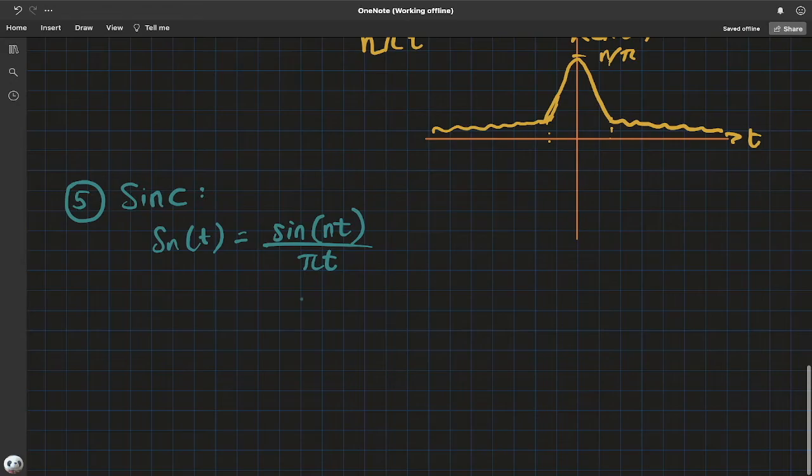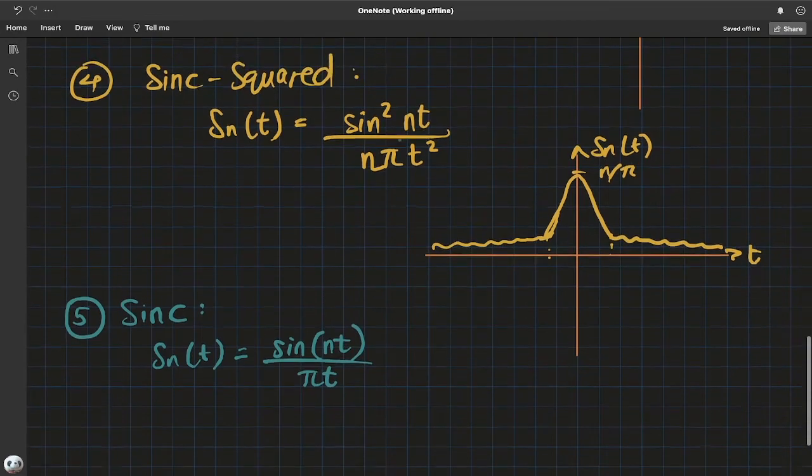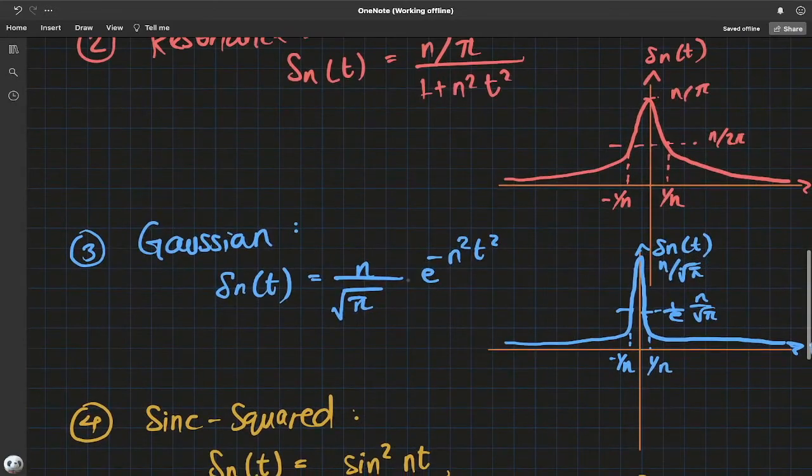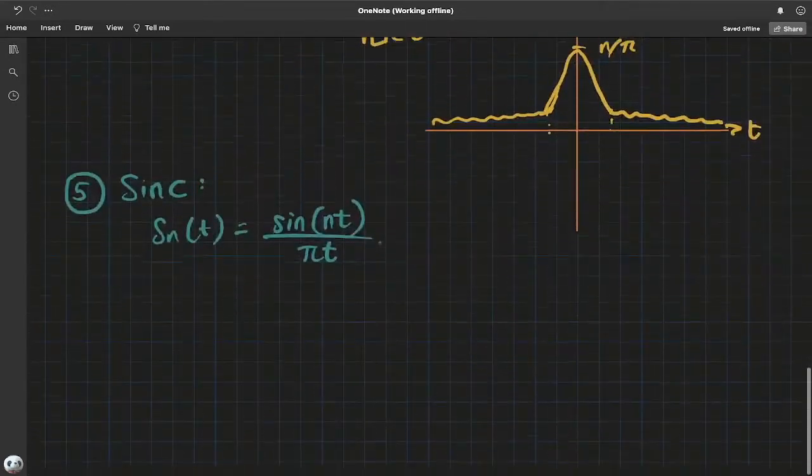I've again made videos on this. It exploits the fact that this guy will be pi irrespective of n. So we just need n in one place, not like in two places here, inside the sine and in the denominator, or even here. That's one advantage of using the sinc.